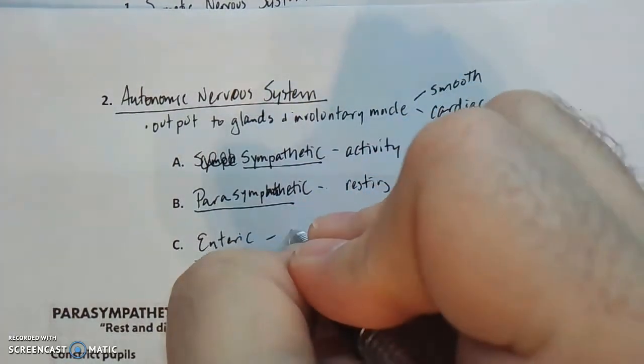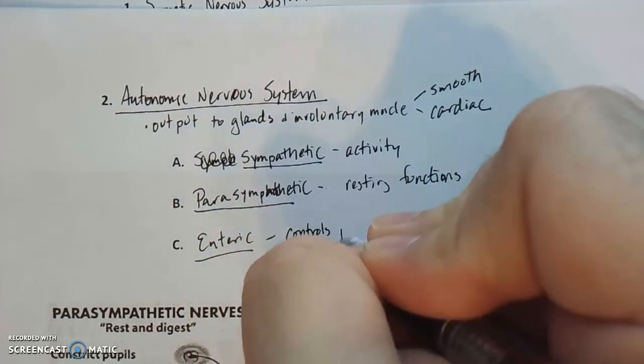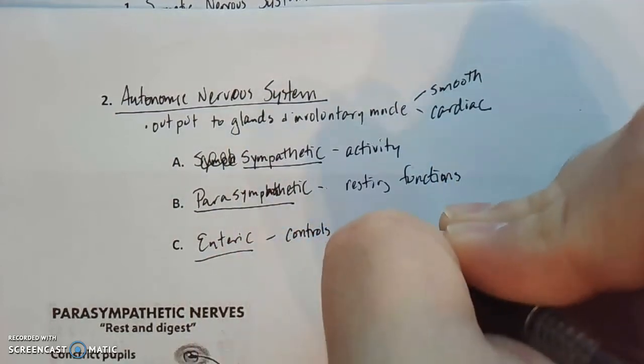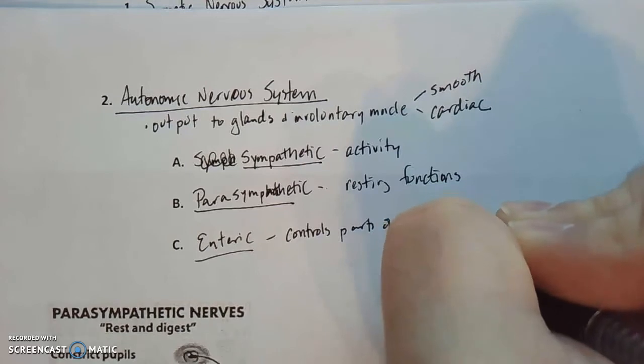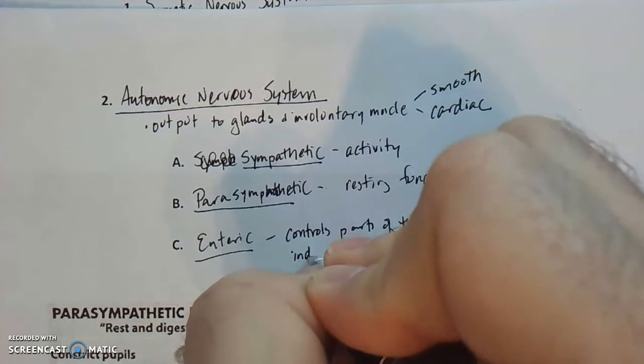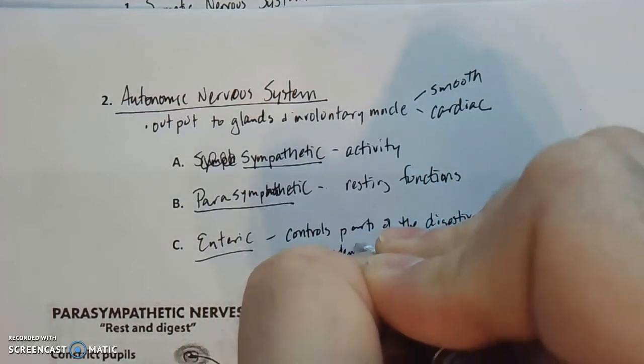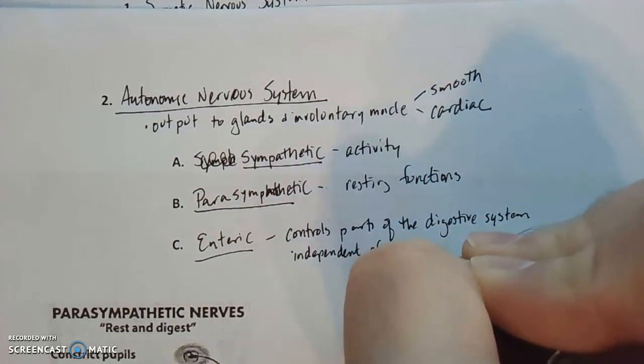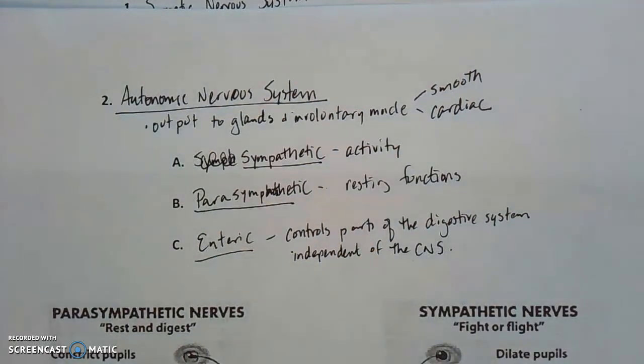The enteric controls parts of the digestive system, independent, for the most part, of the central nervous system. So it almost has a mind of its own, but that's because the digestive system is so important in getting nutrients to everything, and especially the central nervous system, that it can still function if the brain is damaged.